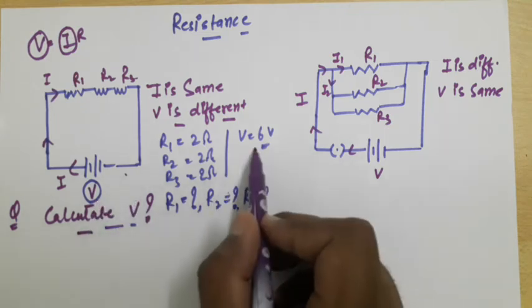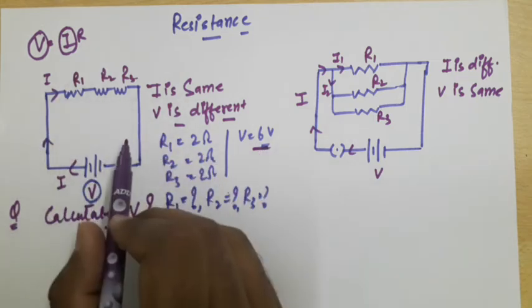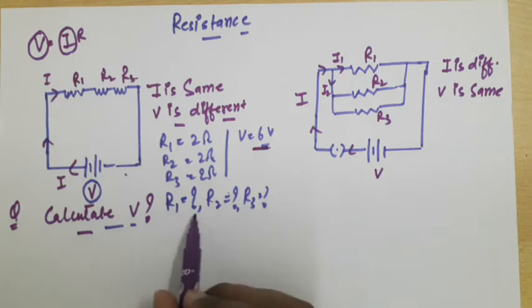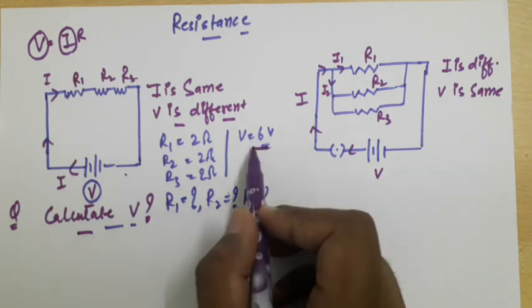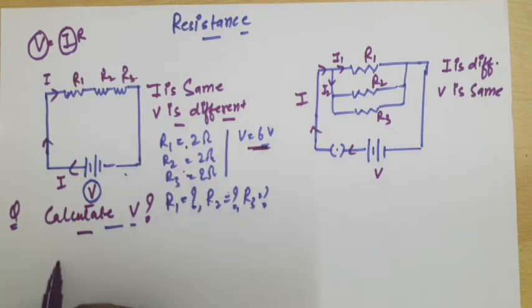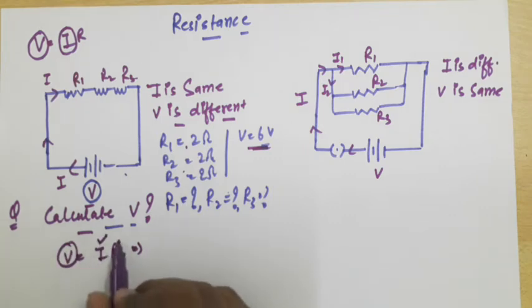Now if you have to calculate the potential difference, this 6 volts given in the question is for the complete circuit. So you have to calculate the potential difference across R1, R2 or R3. Using the formula V is equal to IR, to calculate the potential difference across R1 I must know two things, I and R1.